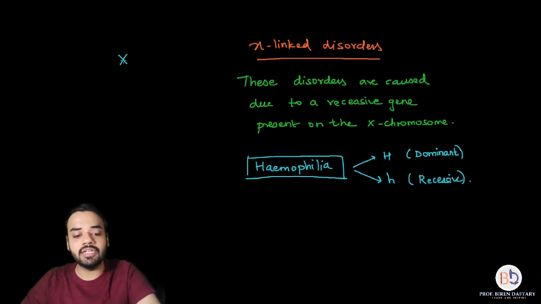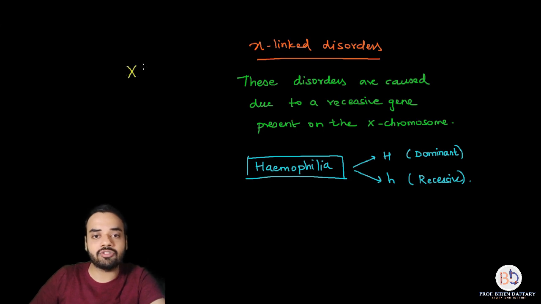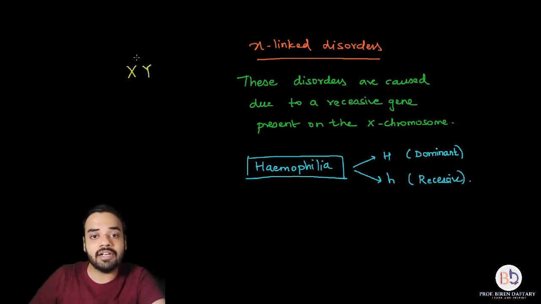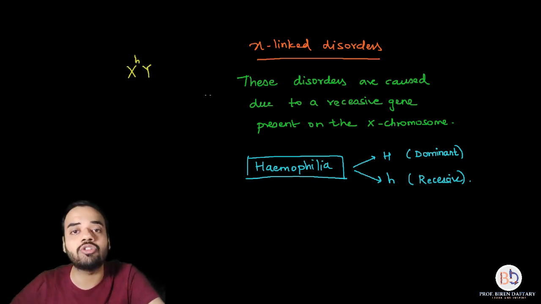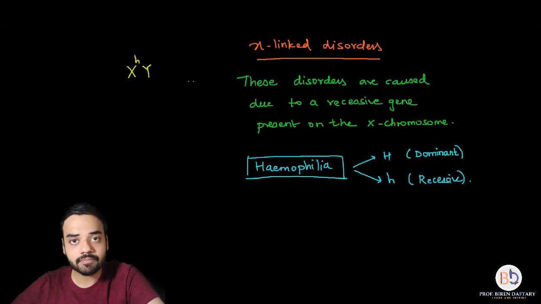These two chromosomes will be X and Y. So I'm going to write down X over here and Y over here. This is the male. Now, this male is suffering from hemophilia, so I will write the small h letter on top of the X chromosome. And this is a male who is affected by hemophilia.